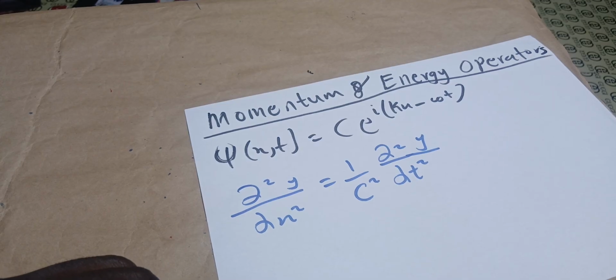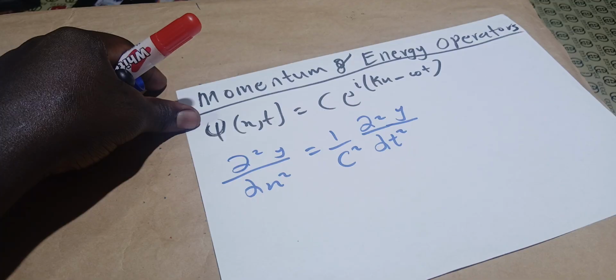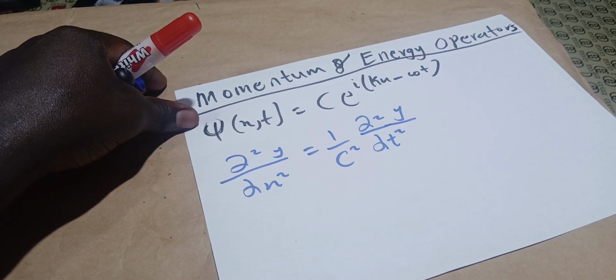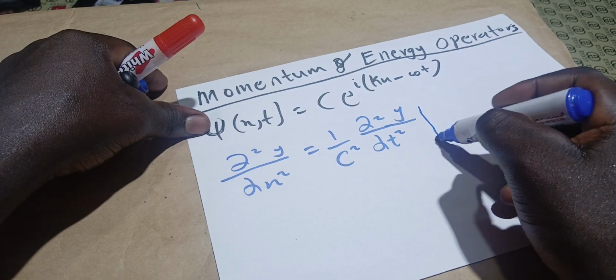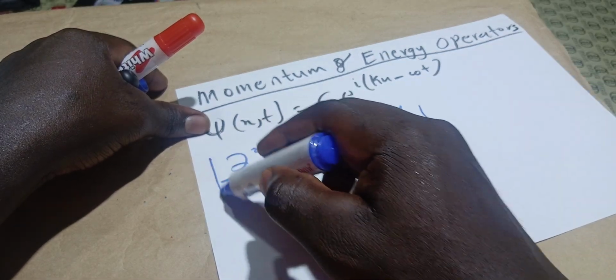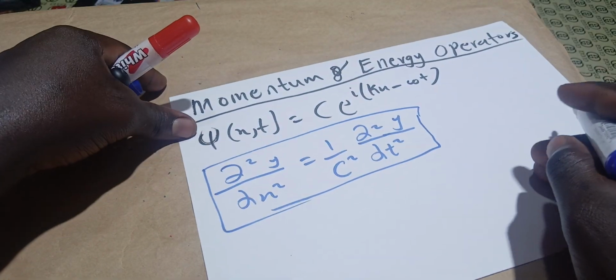And we said Schrodinger took as his starting point a fundamental equation for a wave traveling in the x direction, for an electromagnetic wave traveling in a vacuum with a velocity c, to be this. So Schrodinger actually started his equation from this electromagnetic wave.